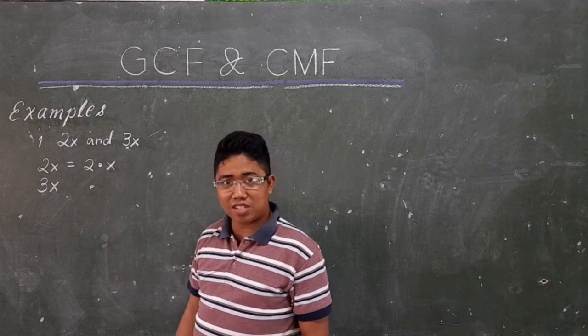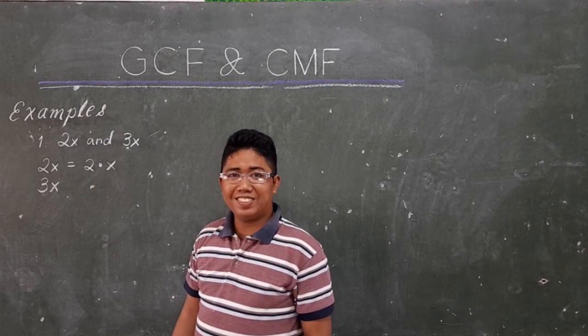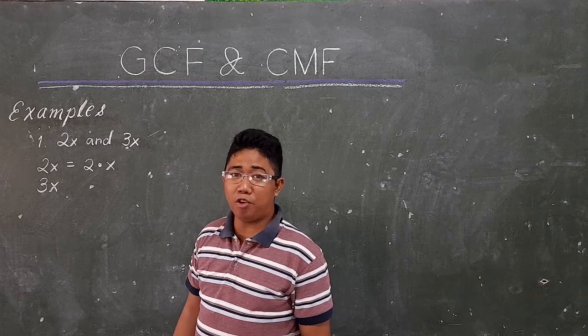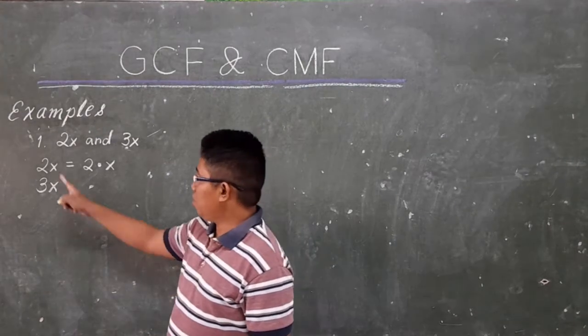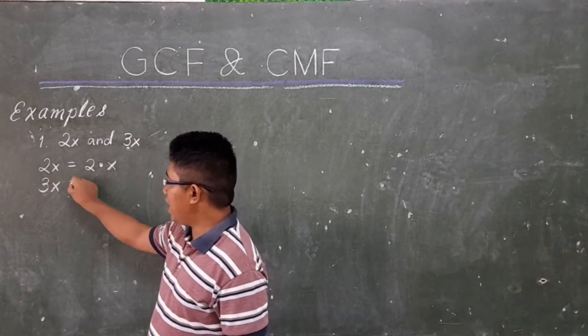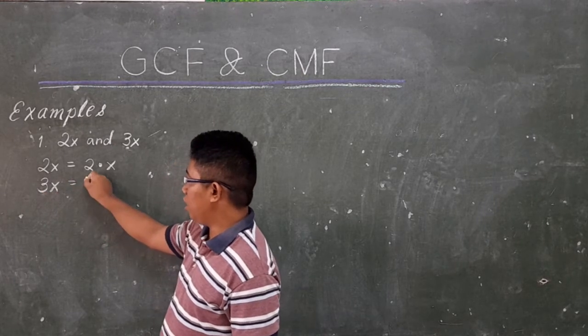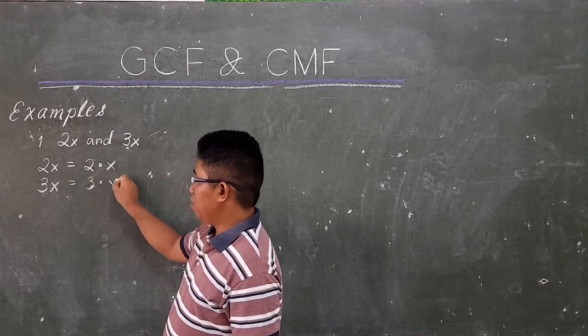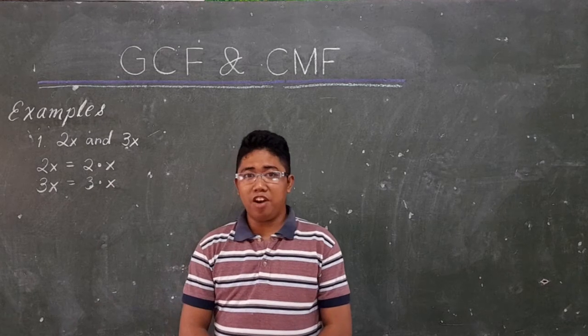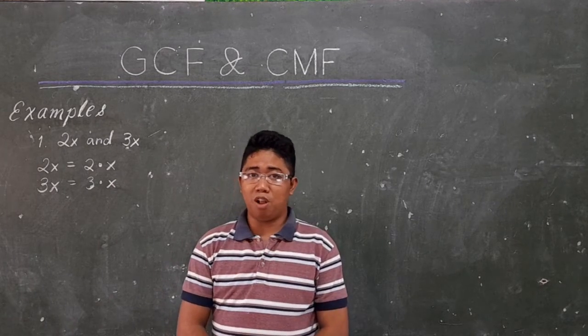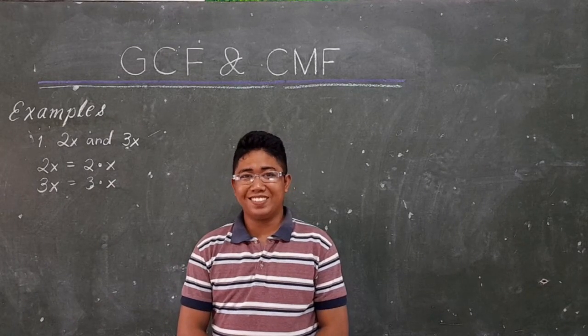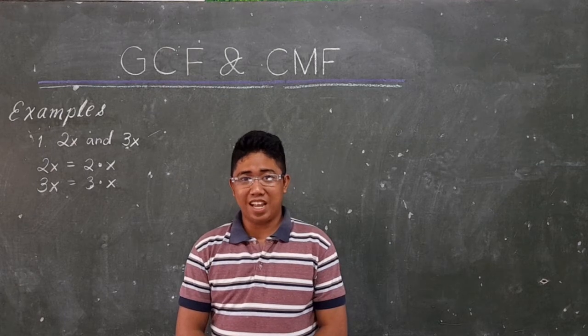How about 3x? It is also the same manner as the first number. So 2x is 2 times x, then 3x is 3 times x. Okay, so is there a common factor among these possible factors of the two numbers? Of course, yes.